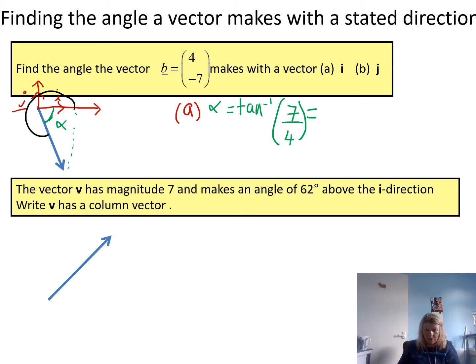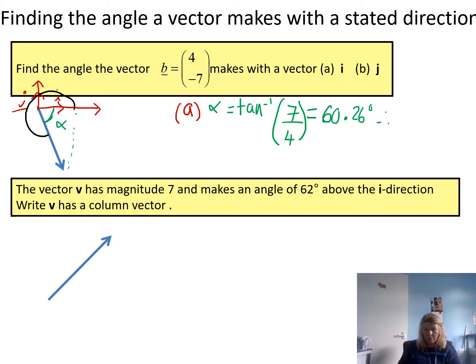If you do that on your calculator, that gives 60.26 degrees.